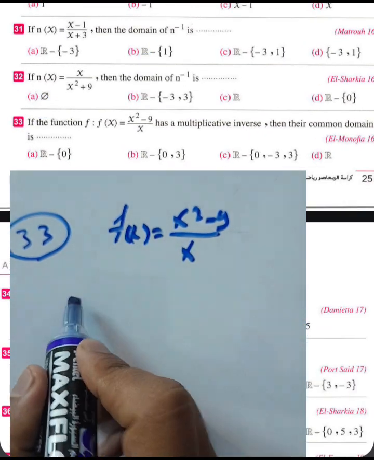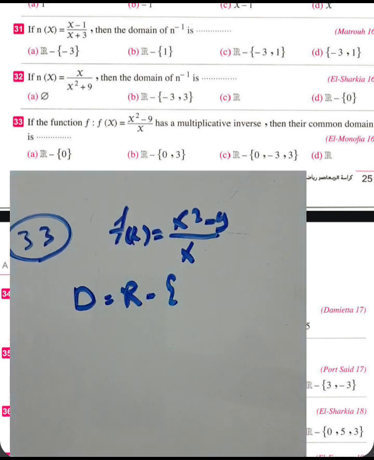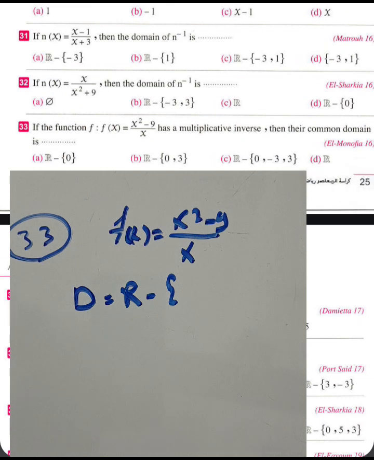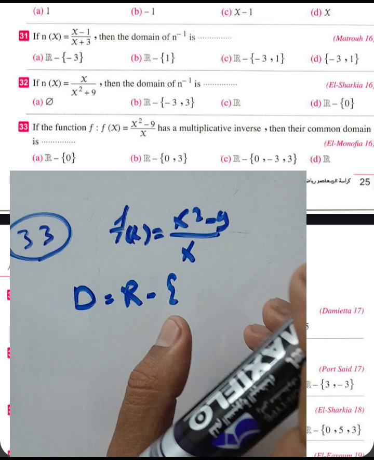Okay, the common domain here will be what? R subtract the zeros of numerator and denominator, because here we have the common domain. He gives us the function and its multiplicative inverse, their common domain. We want to find their common domain by writing the domain of the function and of the reciprocal, right, the union between them.